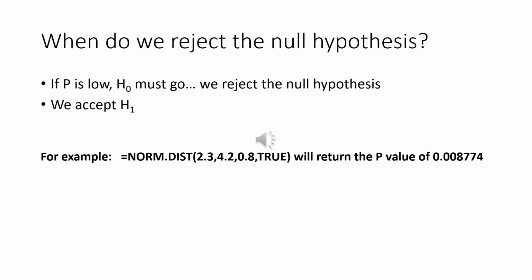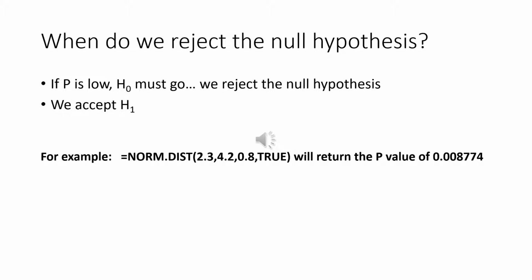So when do we reject the null hypothesis? There's an old saying in this testing: if p is low, H0 must go. We would reject the null hypothesis. If we reject the null hypothesis, we accept the alternative hypothesis. For example, if I use NORM.DIST and plug in the values, 2.3 is my point of interest, 4.2 is my mean, with a standard deviation of 0.8, and I do want cumulative true.